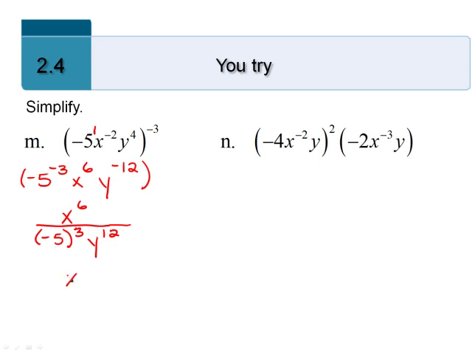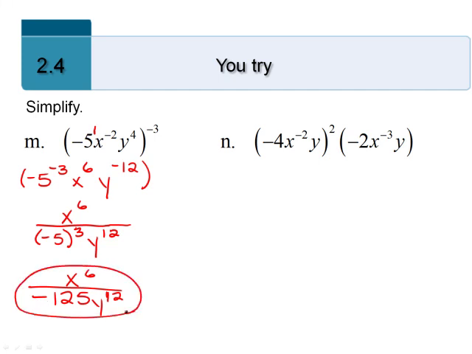Okay, so x to the 6 is still on top. Negative 5 times negative 5 times negative 5 is negative 125, and y to the 12th. And remember that negative 125 stays on the bottom because it's a big number. You don't mess with that negative coefficient, you leave it alone. So that is your final answer.